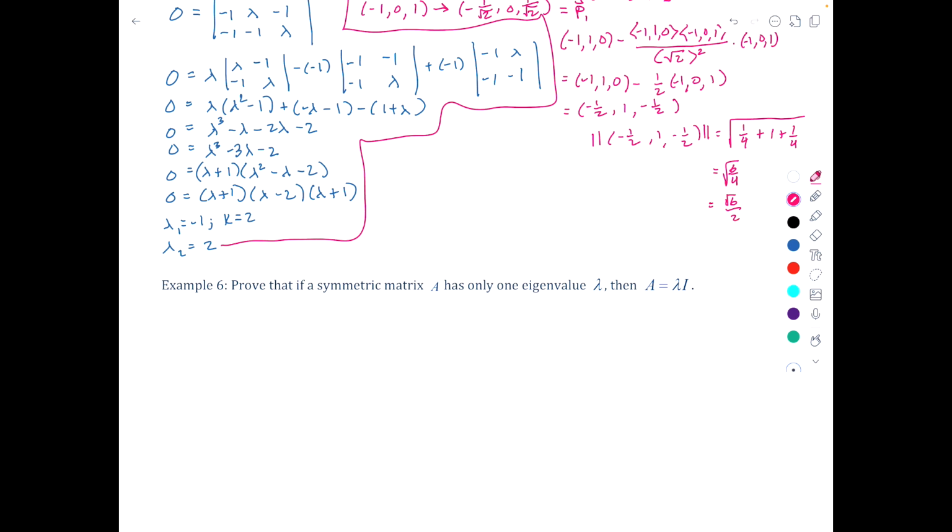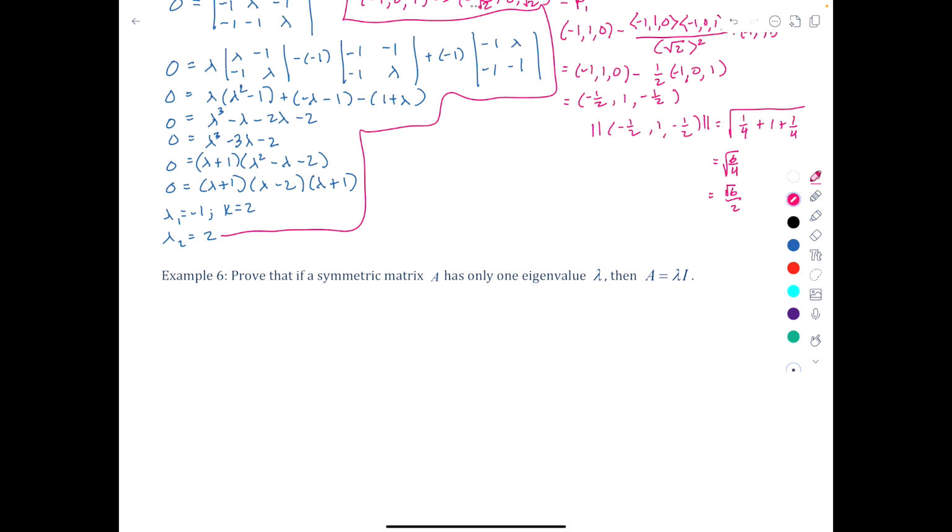So that root 6 will go to the bottom and the 2 will flip to the top. And so at the end of the day, we will have for this one negative 1 over root 6, positive 2 over root 6, and negative 1 over root 6 is our P2. Good so far? All right.